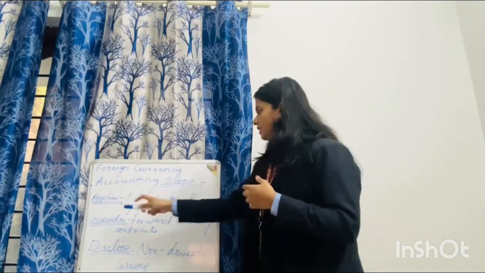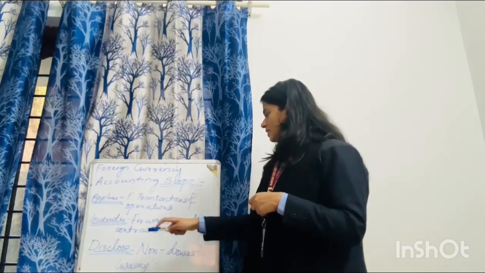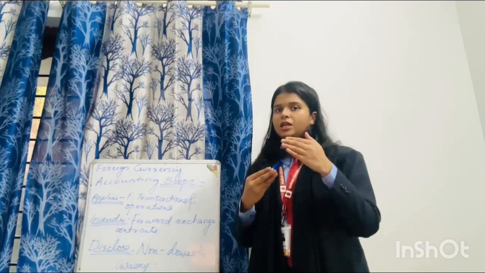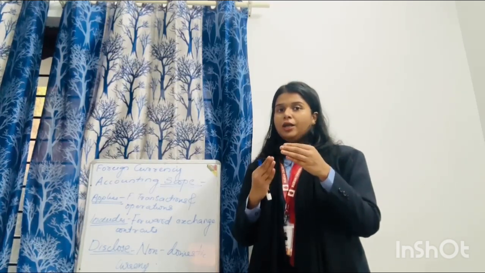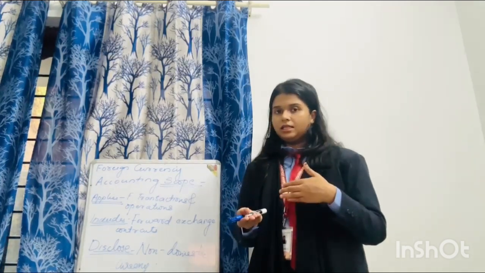It also includes forward exchange contracts, that is foreign currency transactions with forward exchange contracts. Next is the disclosure: disclosure is required when using a currency other than the domestic currency.